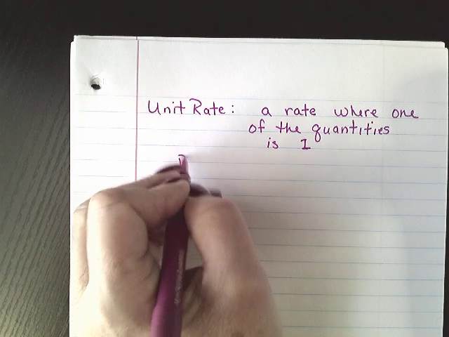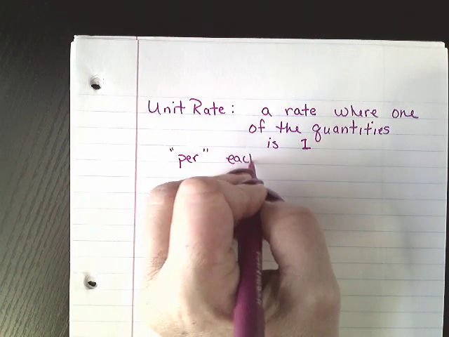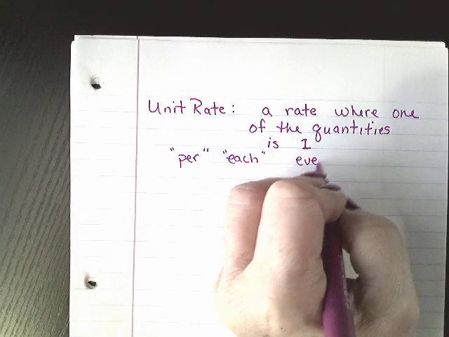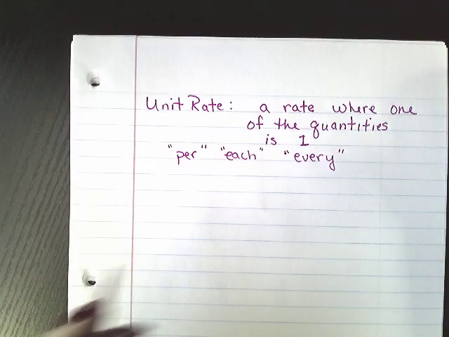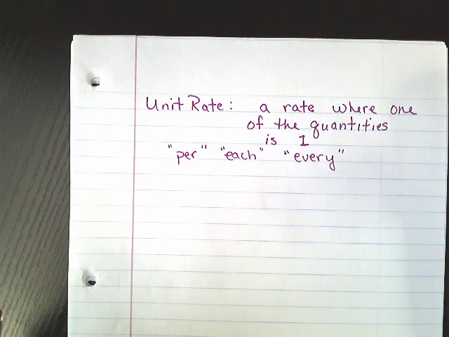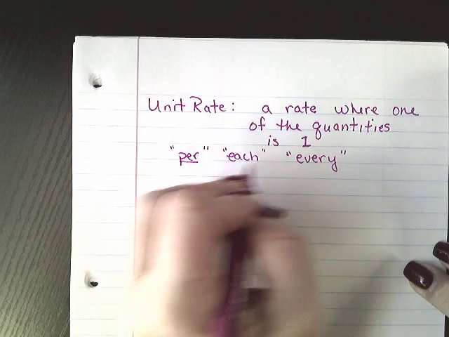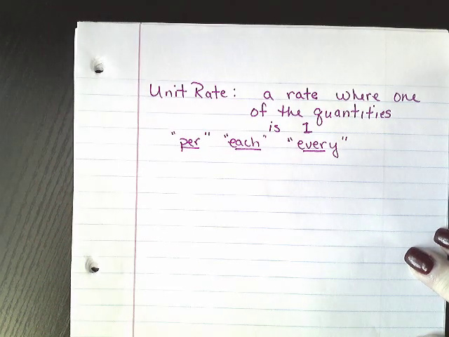And we're going to see words like per, each, every. Those are key words that are going to mean the number 1. We're going to see these in word problems, and those are going to tell you that that is what we're looking for, the number 1.